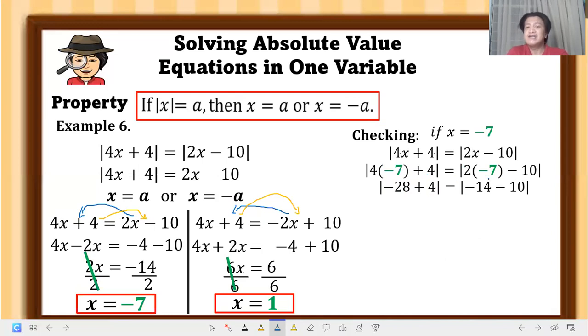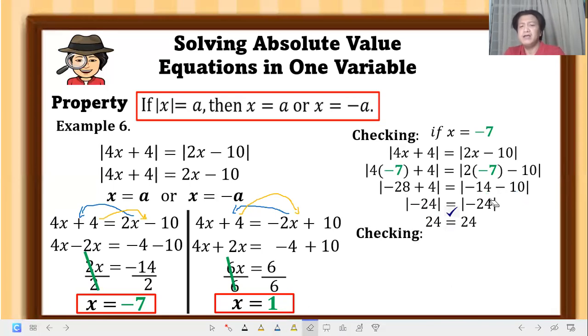Dito naman, sa right side, negative 7 times 2, negative 14 minus 10. Pag sinimplify ko to, negative 28 plus 4, that is negative 24 is equal to negative 24 pag inadd mo to. Negative 14 tsaka negative 10. Okay, but if you're going to take the absolute value of negative 24, laging positive, kaya equal po sila. Okay, gano'n lang siya kung paano mag-check.